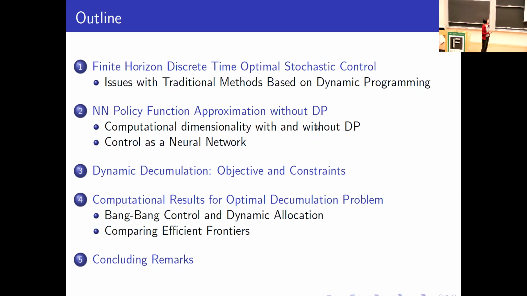And I'll give you some theoretical justification as to why that is a good thing to do. One of the essential ideas is using a neural network to represent the stochastic control. And then I'll focus on a particular problem, called the decumulation problem. I have trouble pronouncing it too.